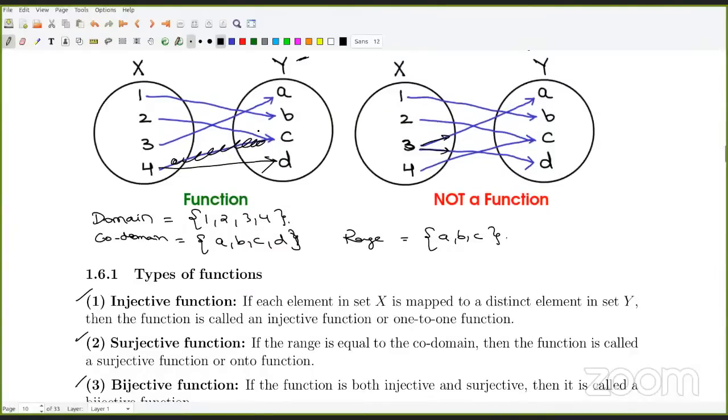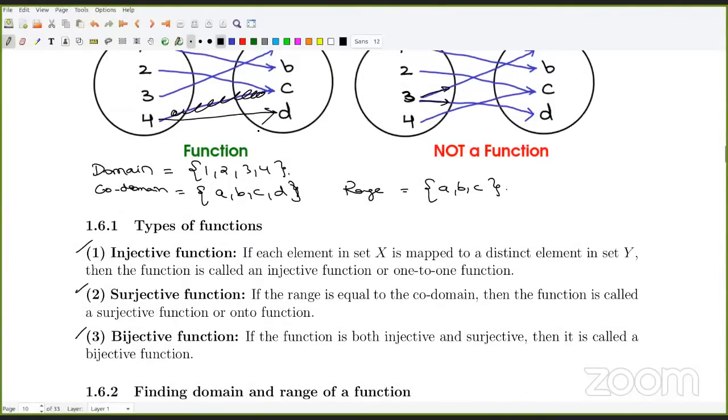And for a surjective function, if your range is equal to codomain, then the function is called a surjective function. So you know the codomain, you compute the range. If your range is equal to codomain, then we say that particular function is a surjective function.